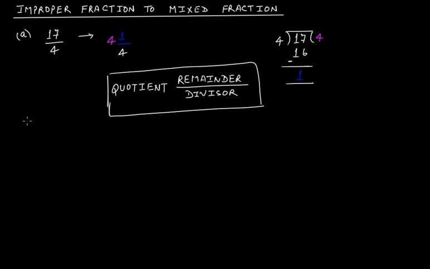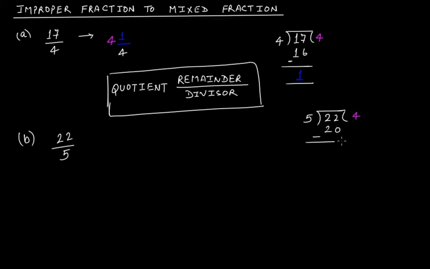So going by this method, if you want to take a few more examples, let's take 22 by 5. If you divide 22 by 5, then this will be 4 times, and here you will get 20.